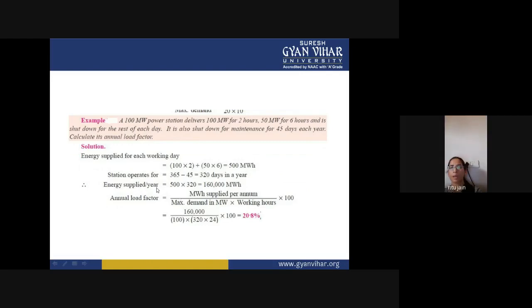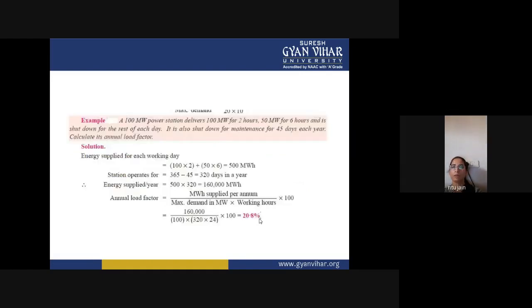So energy supplied per year is equal to 500 into 320, 1,60,000 megawatt hour, and annual load factor is equal to megawatt hour supplied per annum divided by maximum demand in megawatt into working hours into 100. So you will get the annual load factor, which is equal to 20.8%.